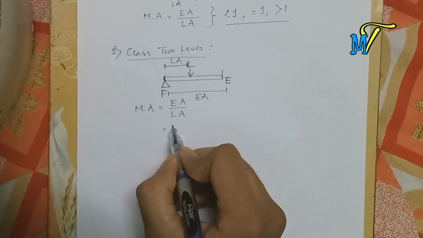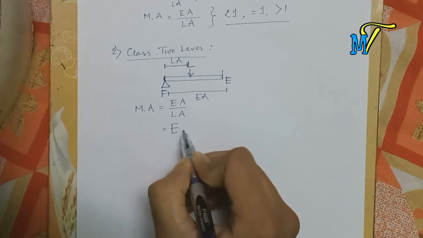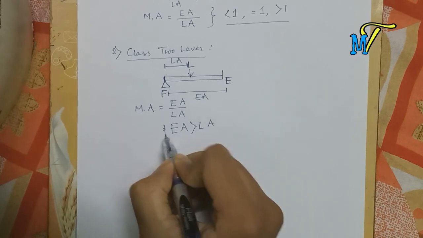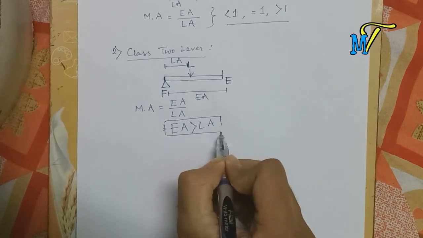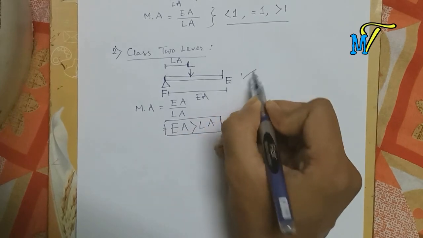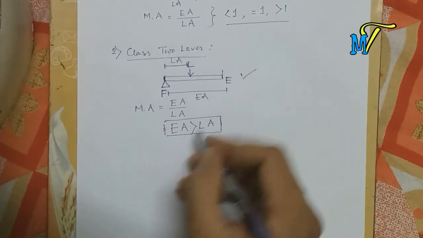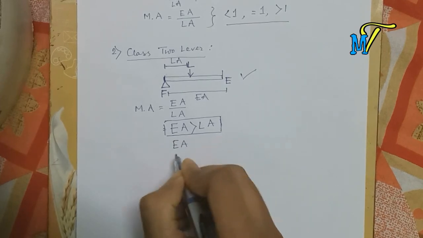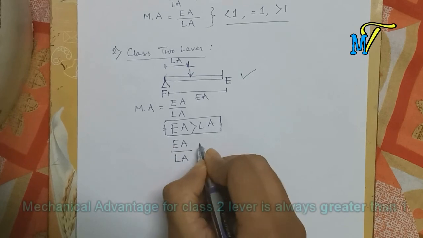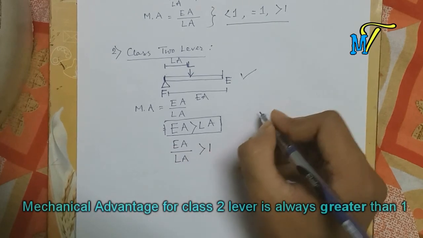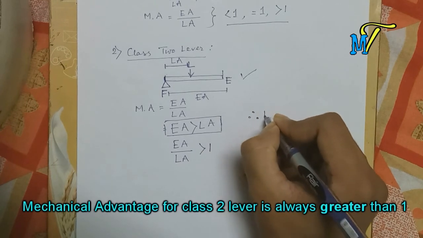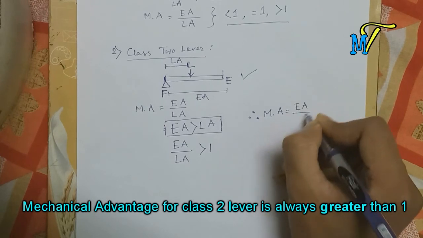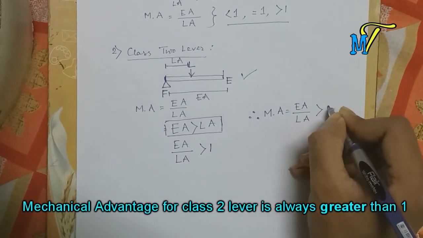As it is clearly visible on the screen, the effort arm is greater than the load arm. From the diagram here we can write effort arm is greater than the load arm. So what is the ratio coming? Effort arm by load arm is always greater than 1. Therefore, the mechanical advantage is effort arm by load arm, which is greater than 1.